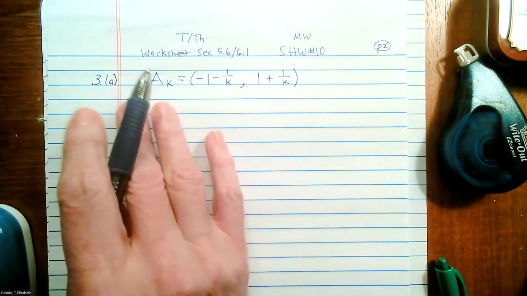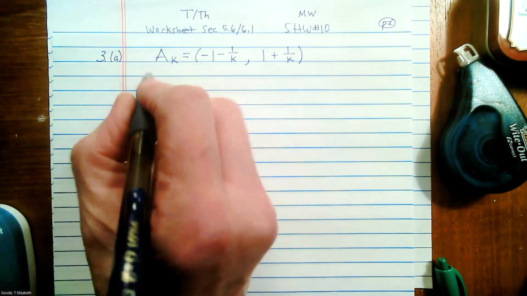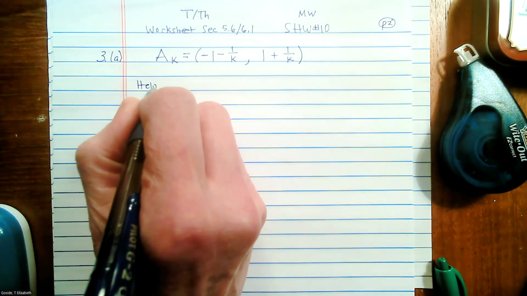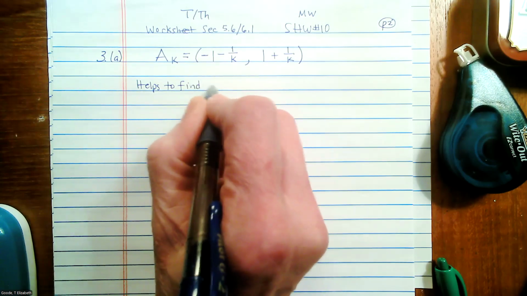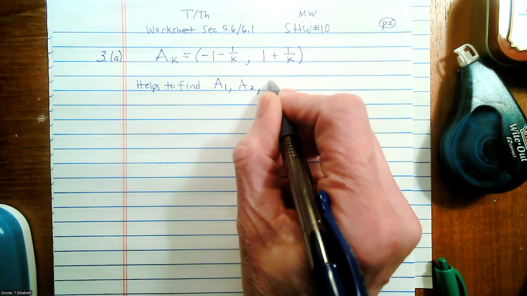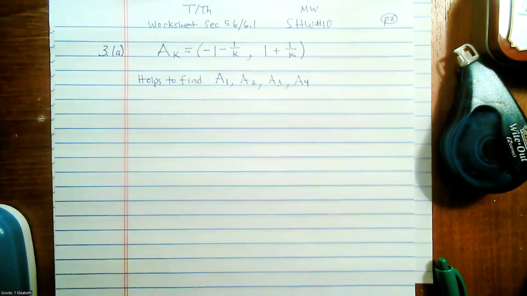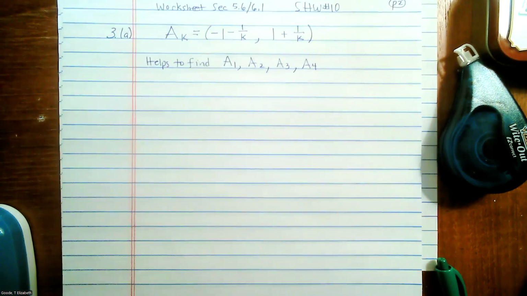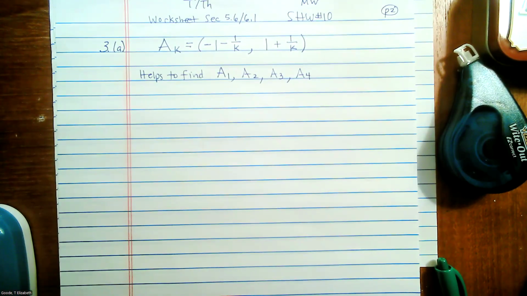And if we want to find all those sets and those unions and intersections, it helps to go ahead and find A1, A2, A3, and A4, right? Because those are the ones that are involved in those unions and intersections for the first two parts, right? So let's go ahead and find those.